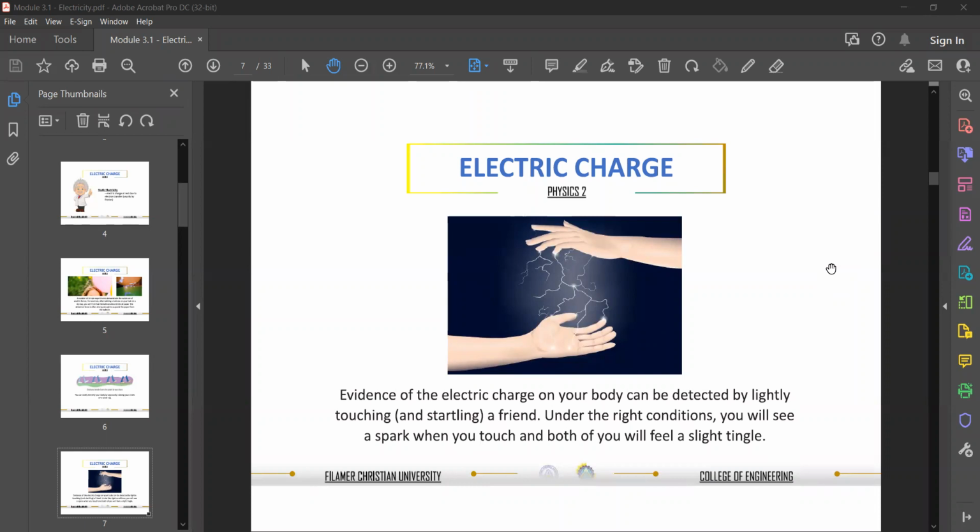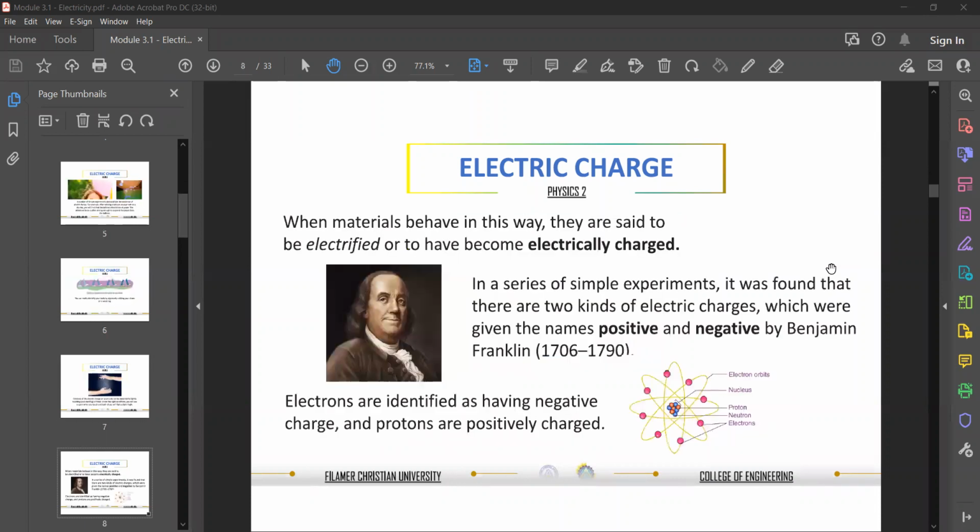So under the right conditions, you will see a spark when you touch, and both of you will feel a slight tingle. Parang kinuryente kayong dalawa. So when materials behave in this way, they are said to be electrified or to have become electrically charged.